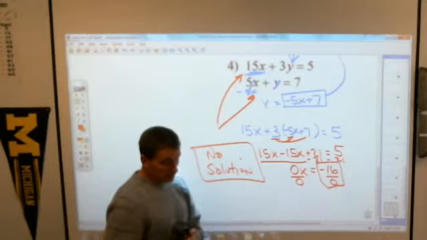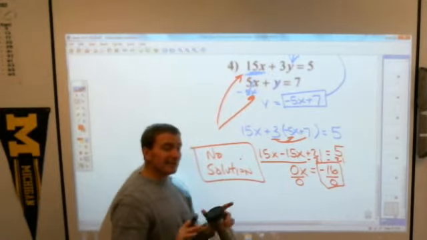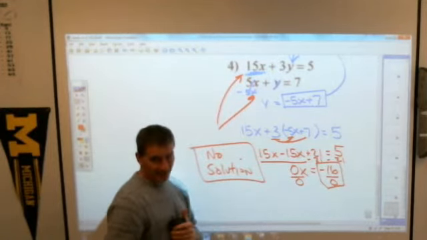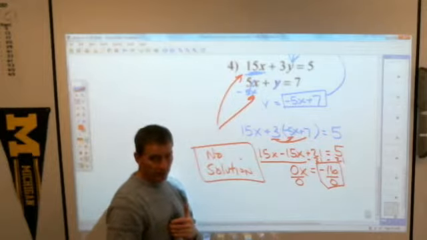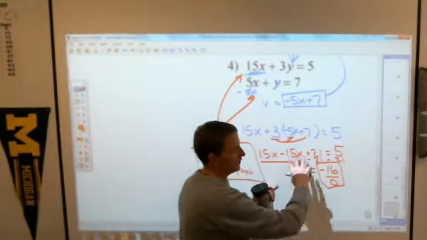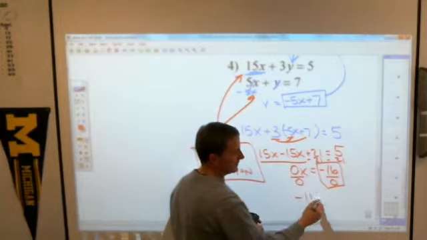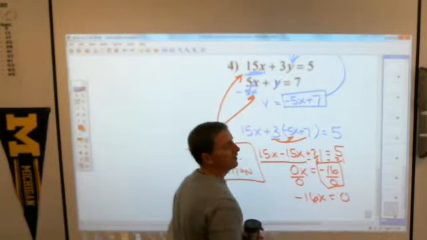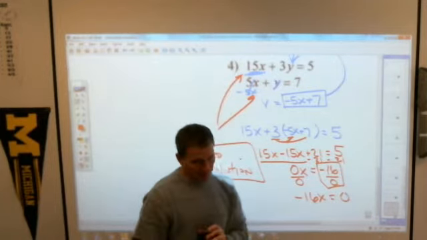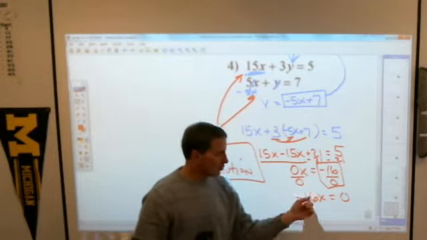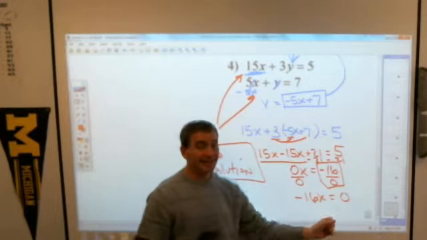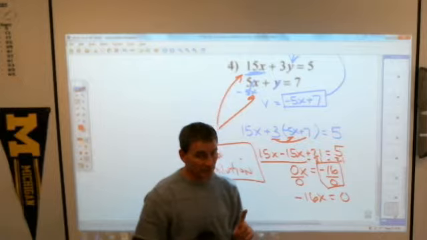Now please, let's take a small moment and a deep breath to understand this. If this was reversed and I had -16x equals 0, that is not the same thing. You can divide 0 by -16 and get 0 for your answer.